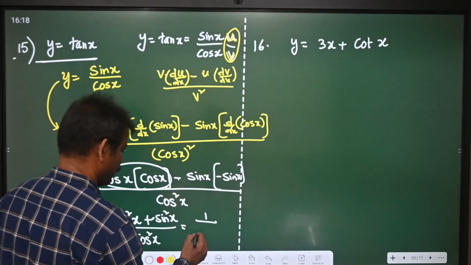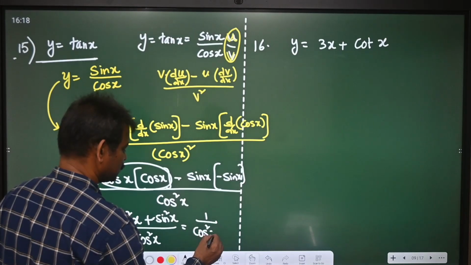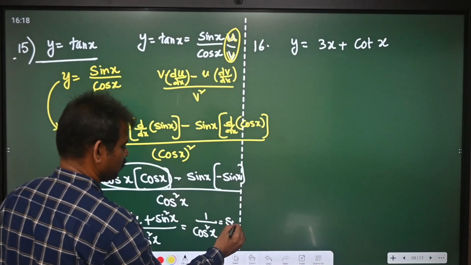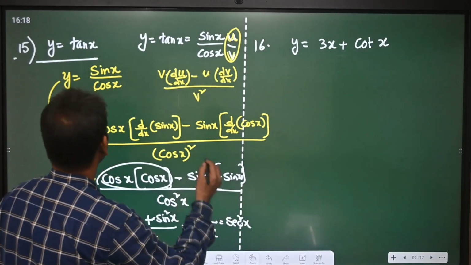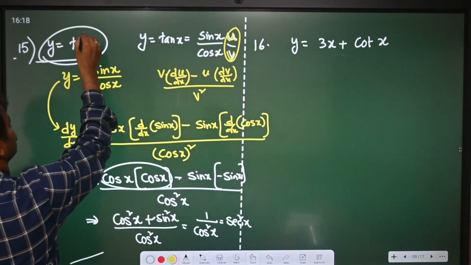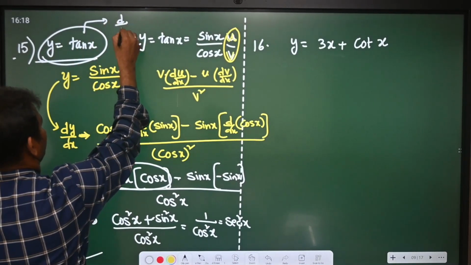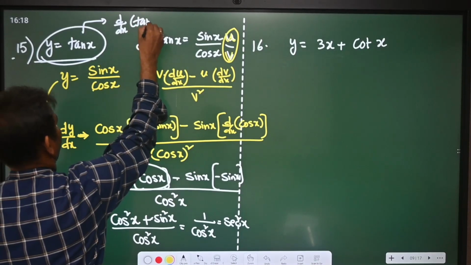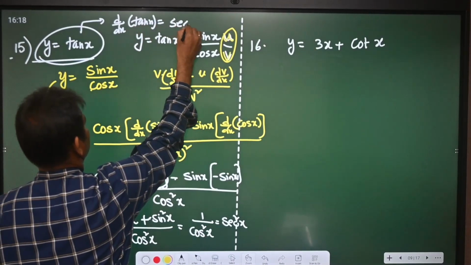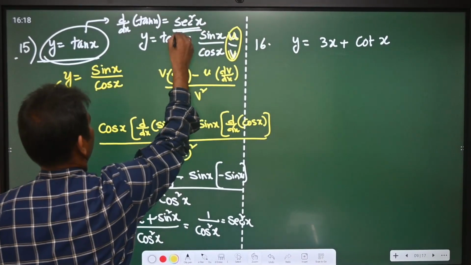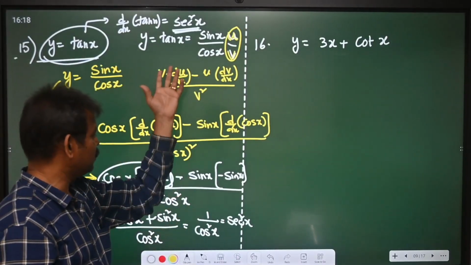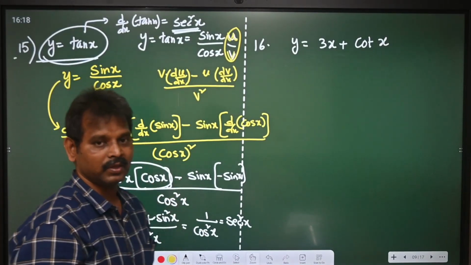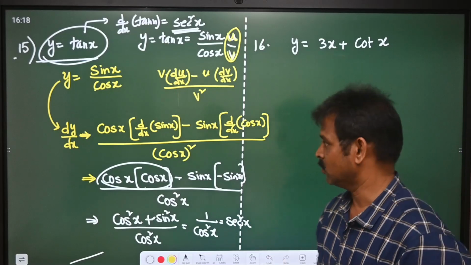So this will become 1 by cos square x, which is equal to secant square x. So the derivative of tan x, d by dx of tan x, is secant square x. That is also better to remember, but it is better to remember this method of solving the problem also.